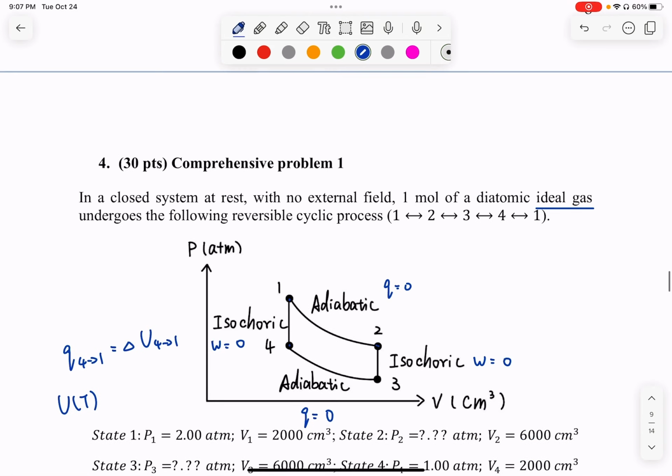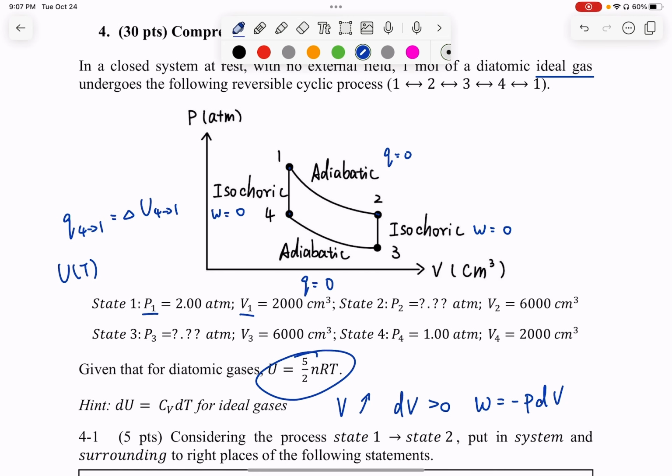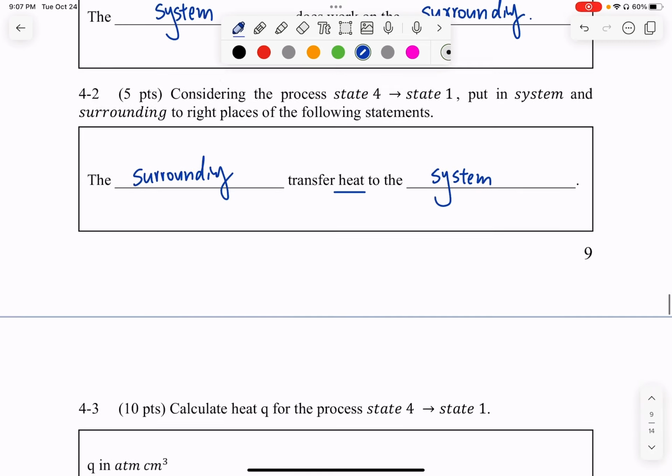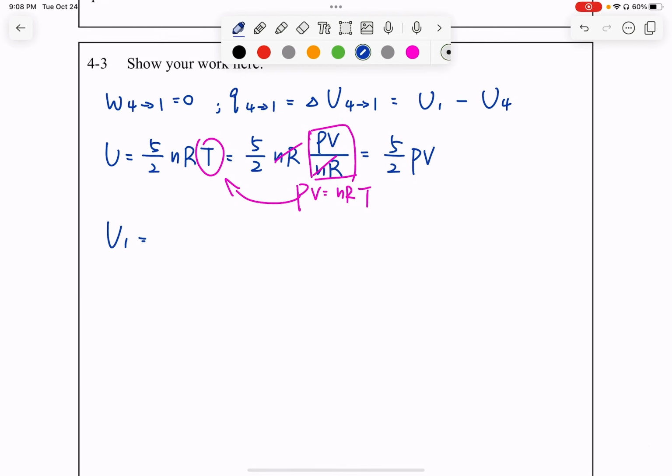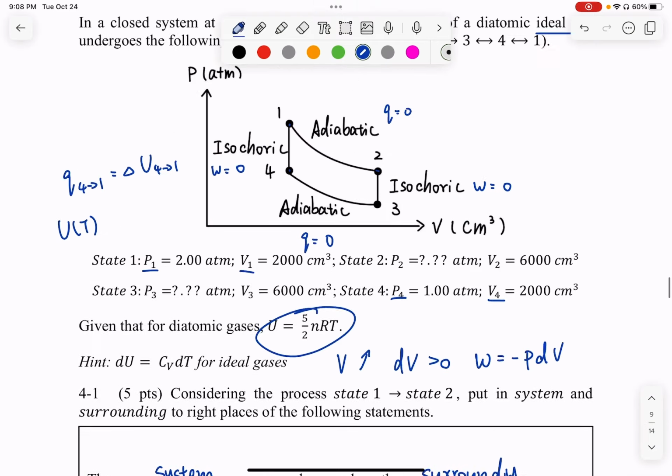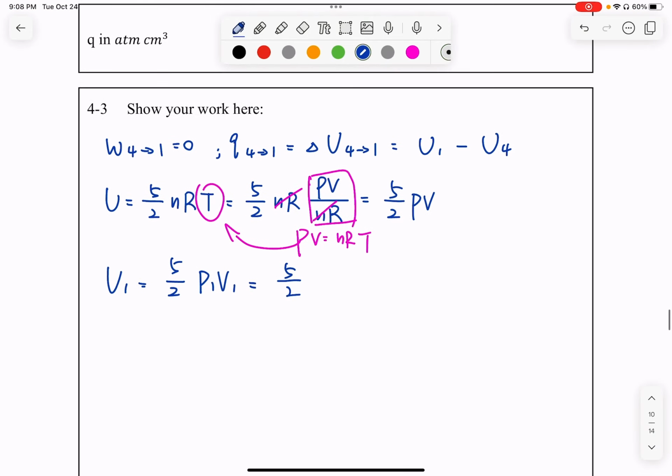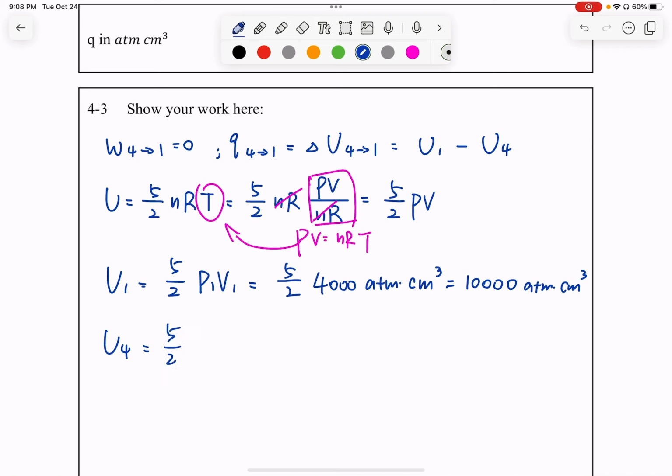Now it becomes quite obvious because we know what our P1 V1 and P4 V4 are. So we can calculate U1 equals 5 over 2 times P1 V1. P1 V1 is 4,000 atm cm³, so U1 is 10,000 atm cm³. U4 equals 5 over 2 times P4 V4.